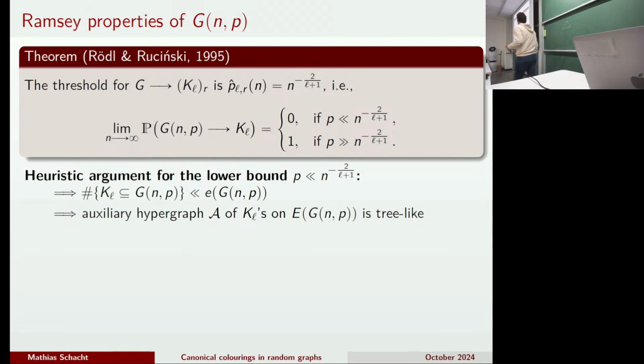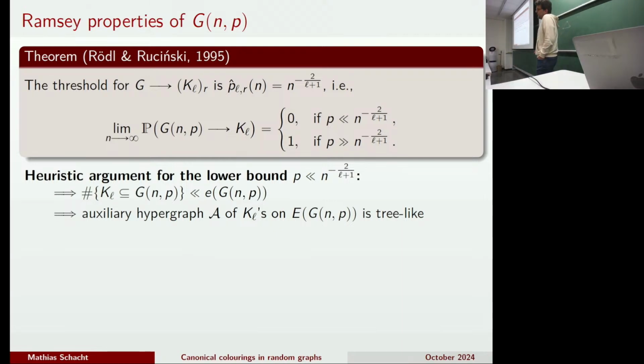So this hypergraph is L choose 2 uniform and has n choose 2 times p vertices. The number of edges is the number of copies of K_L, and the number of vertices is the number of edges. So this inequality tells you that this hypergraph has fewer edges than vertices, right?